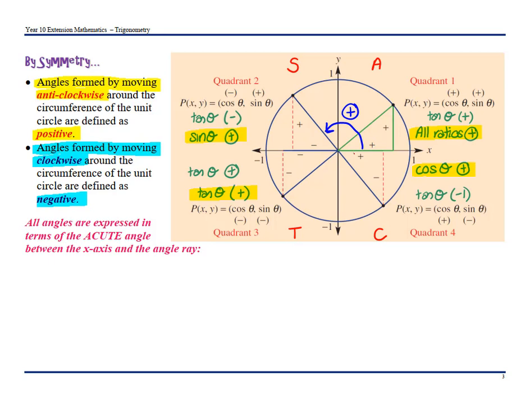So if I go in this direction, we're dealing with negative angles. And all angles are expressed in terms of the acute angle between the x-axis and the angle ray. So what that means is we're always dealing with the first quadrant.